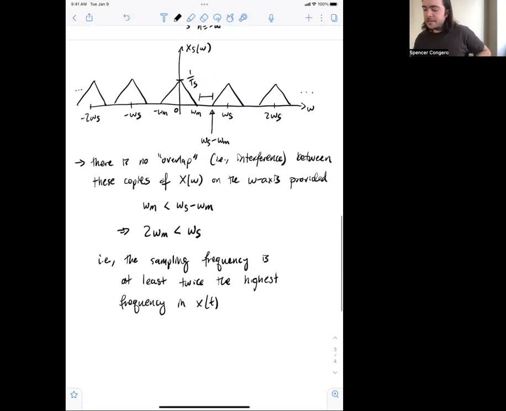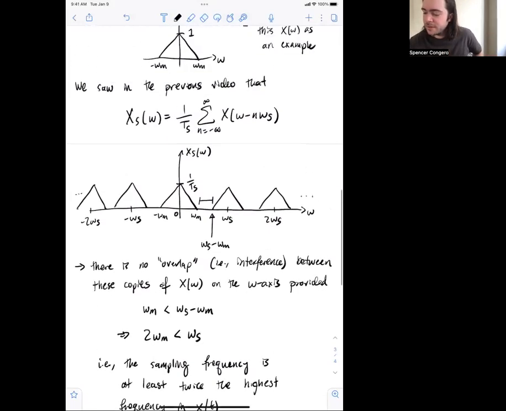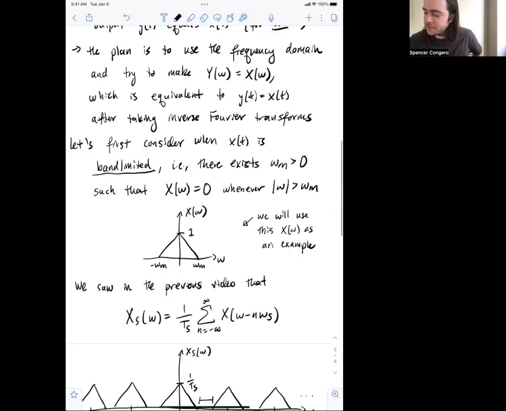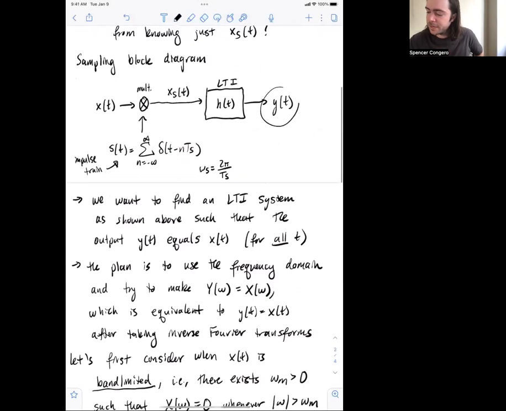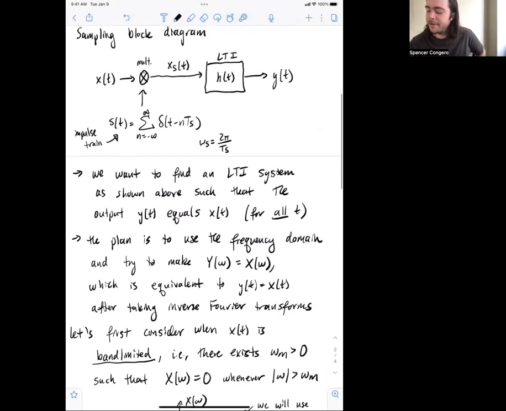All right, so now as long as we have that condition and we have these triangles separated, what's the end goal? Well, the end goal, remember, is I want to have my output y of omega equal my input x of omega. And remember, the output is what I get after passing it through some LTI system. We want to design that LTI system right now.